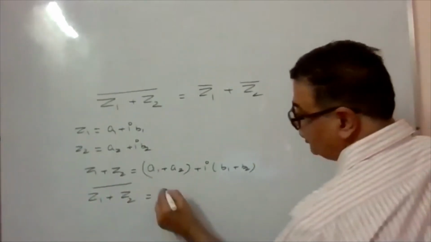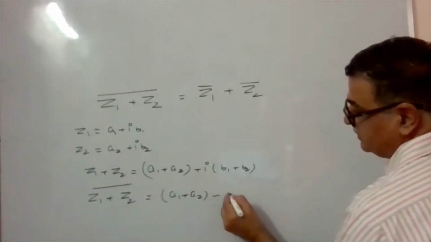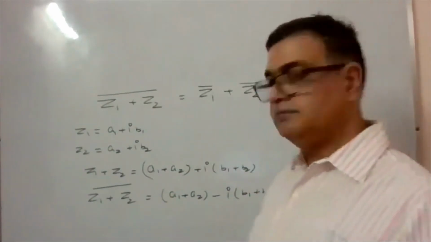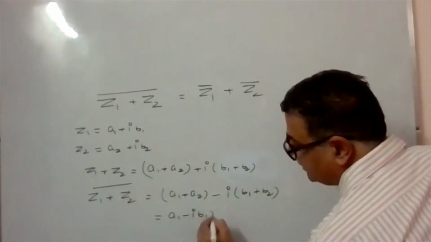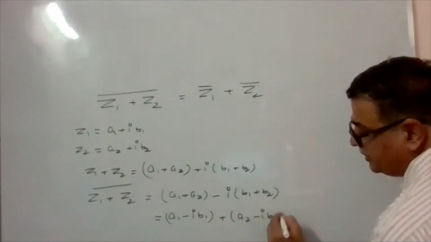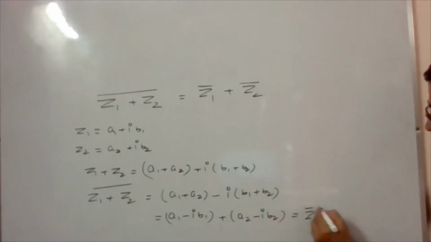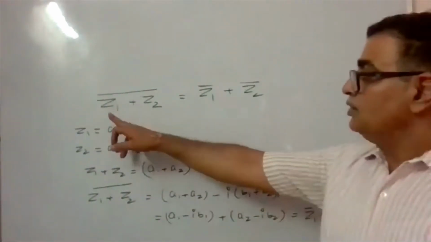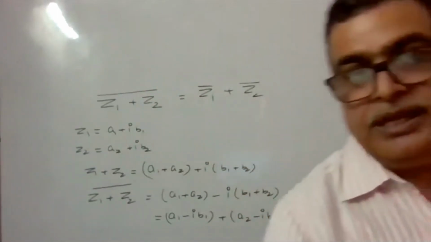When you have a whole bar, it becomes A1 plus A2 minus iota times B1 plus B2. This you can write as A1 minus iota B1, and another is A2 minus iota B2. Is it your Z1 bar? Second will be Z2 bar. So Z1 plus Z2 whole bar will be Z1 bar plus Z2 bar. That you should remember.